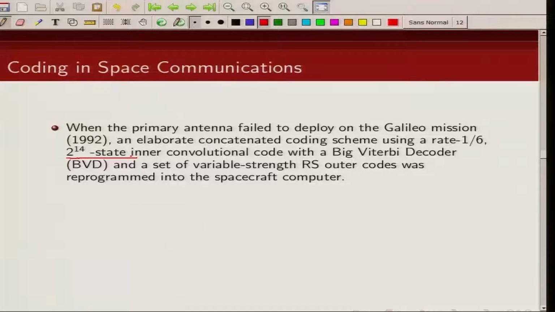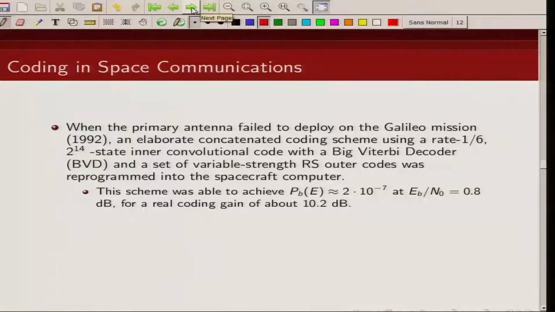That was a very impressive step forward in terms of coding applications, because it was able to salvage this mission, and the mission was successfully deployed. It provided a coding gain of around 10.2 dB and was able to achieve a bit error rate close to 10 to the minus 7.